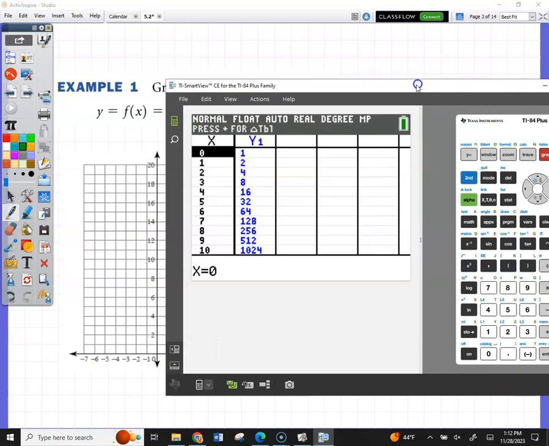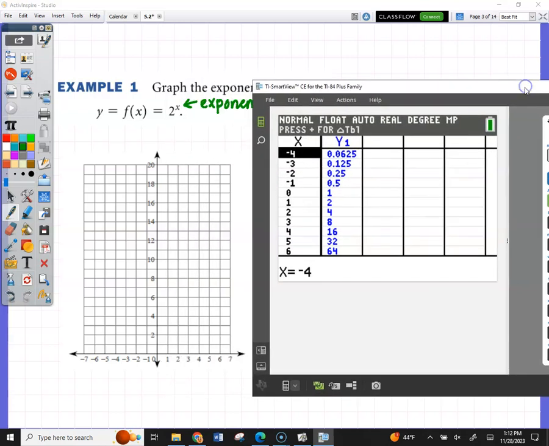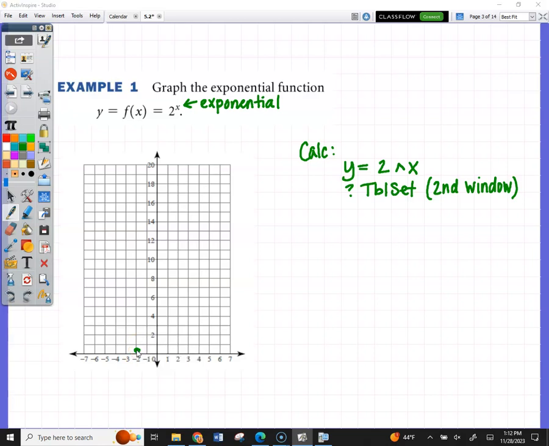To get to some of the negative ones, you arrow up. And you can see as I arrow up, those numbers are really ugly. So I probably wouldn't graph those. I would graph the nice ones, and then I would give an idea of where the curve is. So I'm going to graph -2 and then 0.25, meaning it's just a quarter.